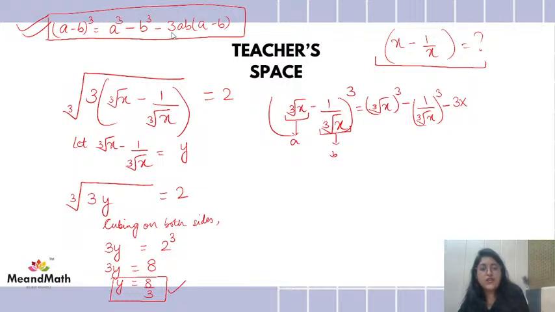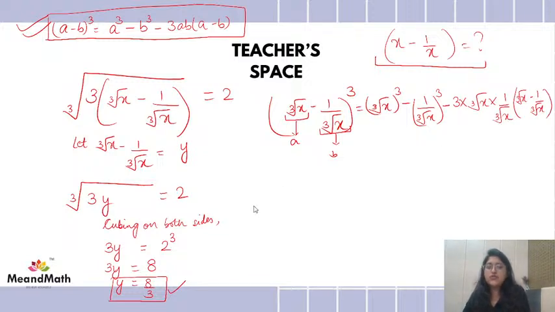Minus, then the formula is what? 3AB. 3AB means 3 times A, where A is the cube root of x, and B is 1 upon the cube root of x. Then in the bracket we have A minus B. What is A minus B? It is cube root of x minus 1 upon cube root of x.